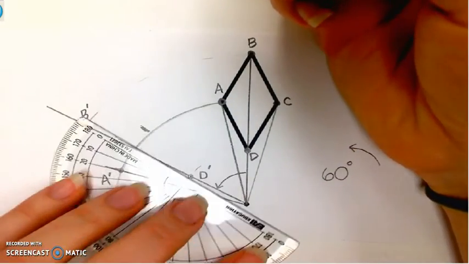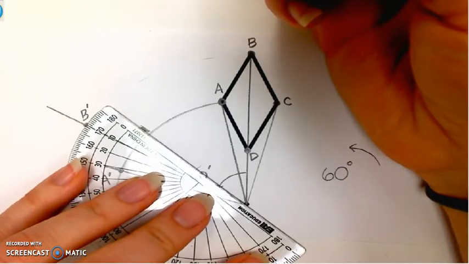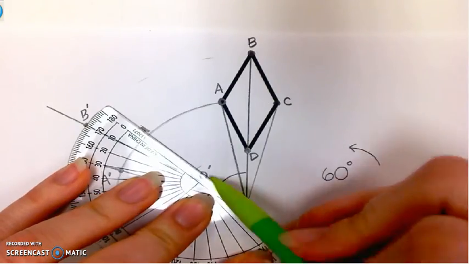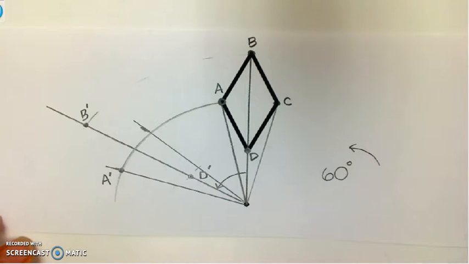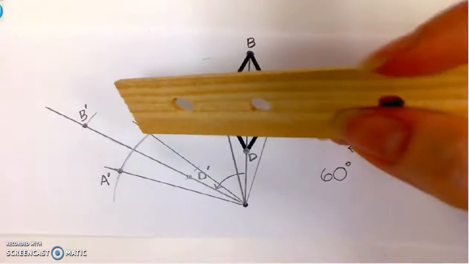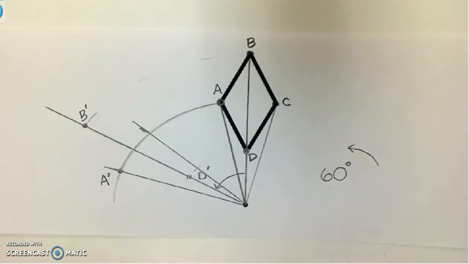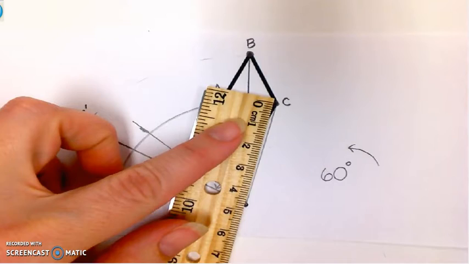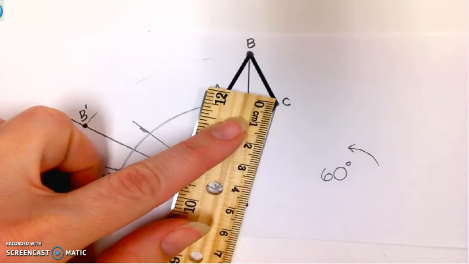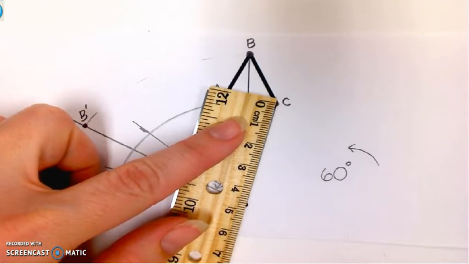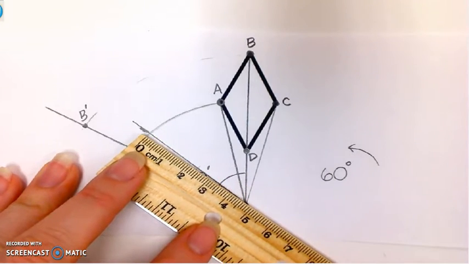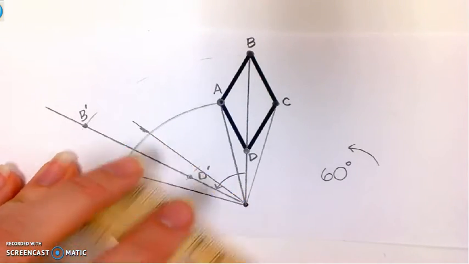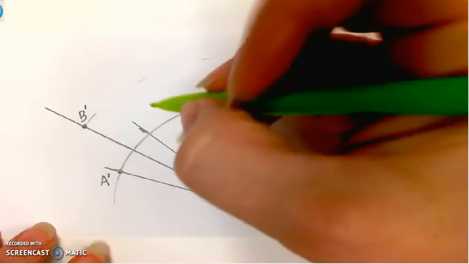Point C is going to be somewhere right there. I feel like it's going to be right at that intersection, because it looks like point C is the same distance as point A was. What does it look like? 4.7, 4.8? So we'll rotate it. 4.7, yep. Right about here.